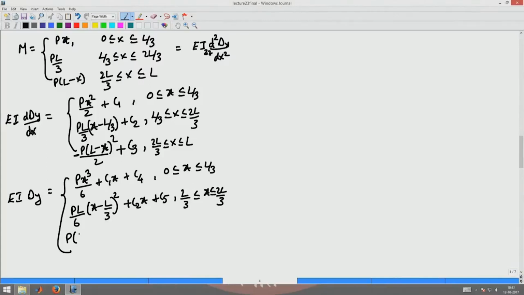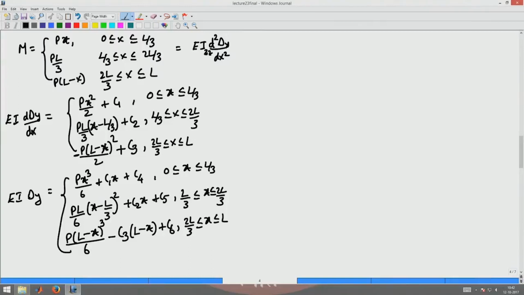Now, minus minus will become plus (L minus x) whole cube by 6. Again I will make it minus C3 into (L minus x) plus C6. C6 would be the actual integration constant minus C3 L. I want it to go to 0 at x equal to L, so I am writing it like this, in the region 2 L by 3 less than x less than or equal to L.